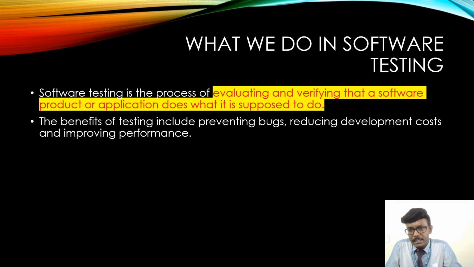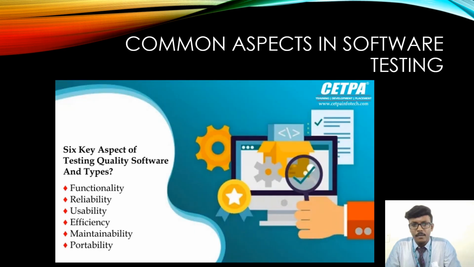There are several possibilities. Okay, so let's see some common aspects in software testing. Before that, the role of software testing, as we discussed, the primary role is that we need to do verification as well as validation. What do you mean by verification? Are we doing things right? Whether the process is right, that we need to check, right? That comes under verification.